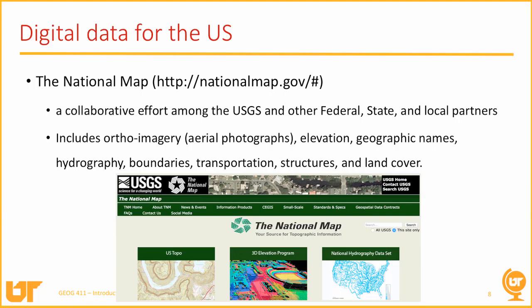And the geographic information available from the National Map includes ortho imagery or aerial photographs, elevation, geographic names, hydrography, boundaries, transportation, structures, and land cover.